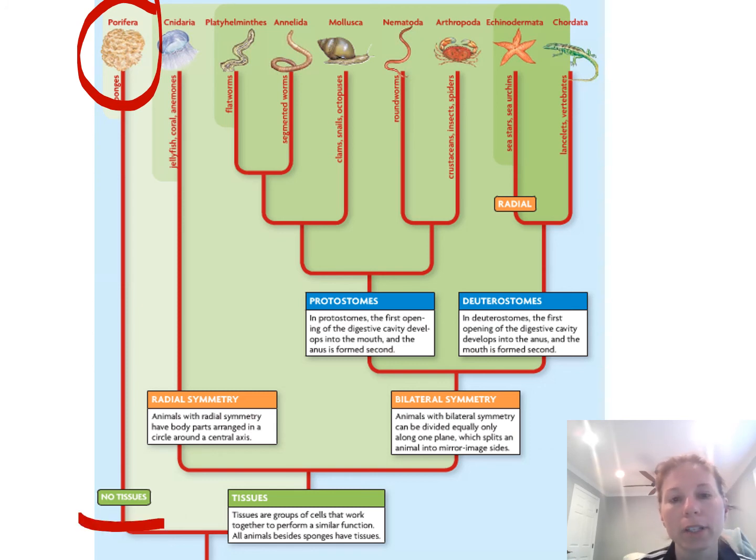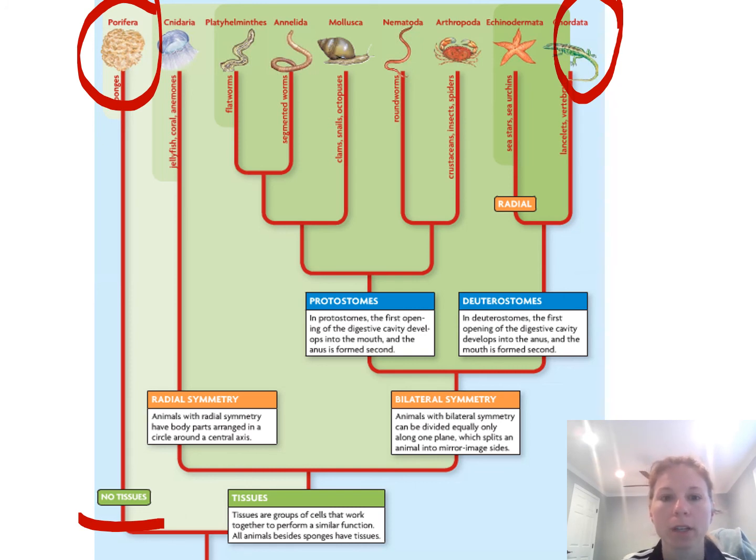Okay, all the rest of these guys are going to have tissues. And notice over here we have chordates. That's us. It includes some ancestral chordates like lancelets that are very simple, but it also includes vertebrates, animals with a backbone. And we can sort of expand that phylogeny later.